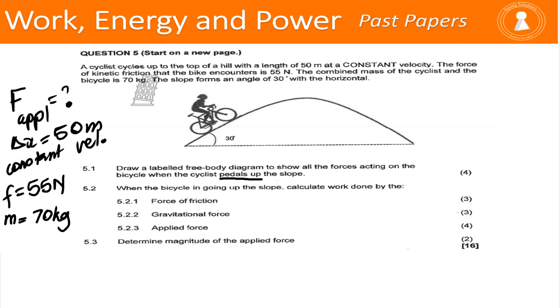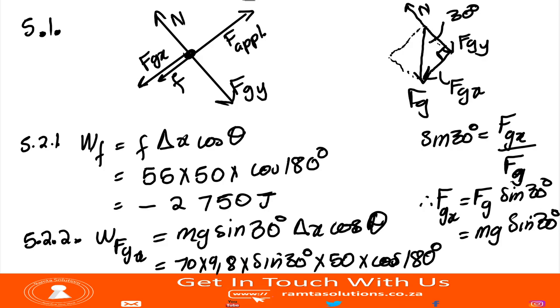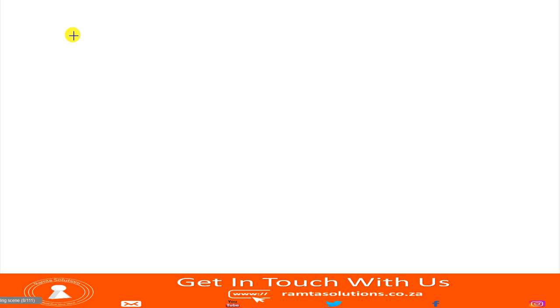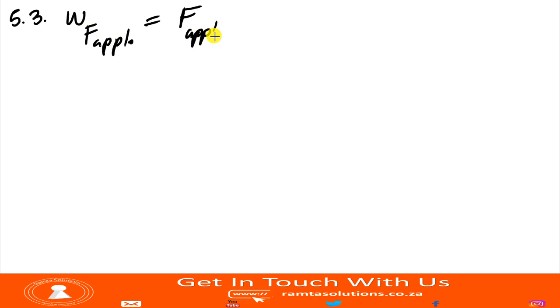So now, the last question says, determine the magnitude of the applied force. We know the work done by the applied force, so we are good to go. 5.3 rather: work done by the applied force is equal to applied force times displacement multiplied by cos theta.